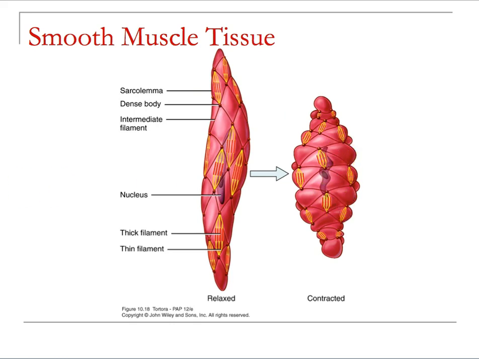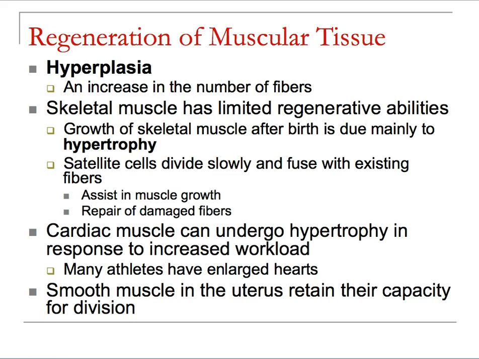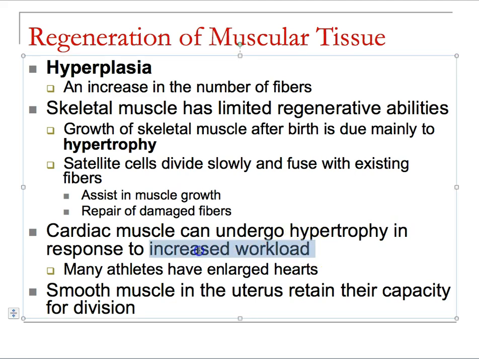Okay? And now in this last slide, I want you to see that skeletal muscle itself has limited regenerating abilities. Cardiac muscle can undergo much more of it as a result of workload. By increasing its workload, you can actually change the activity of your heart. Okay? And likewise, the smooth muscle inside the uterus for females can retain their capacity for division.